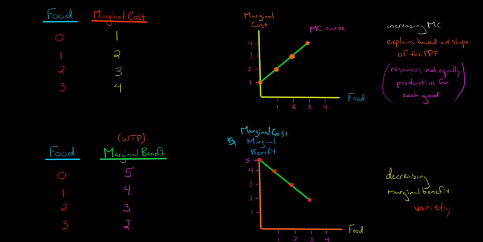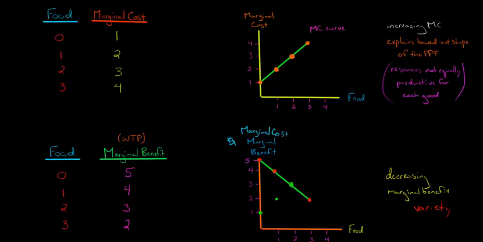I'll keep the marginal benefit curve here and draw the marginal cost curve using the data from here. When we have 0 food, the marginal cost is 1, so that's the point 0, 1. At 1 food, the marginal cost is 2. At 2 food, the marginal cost is 3.